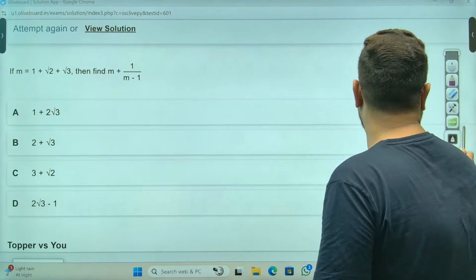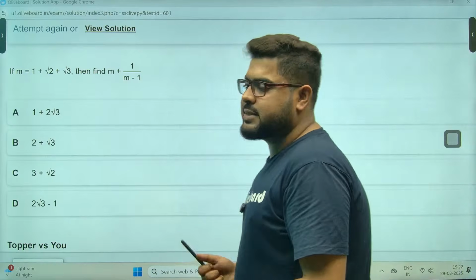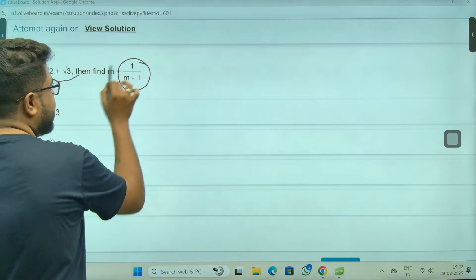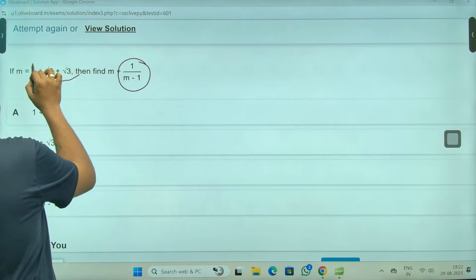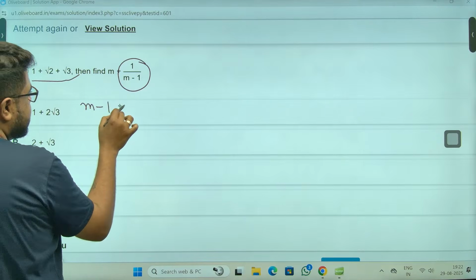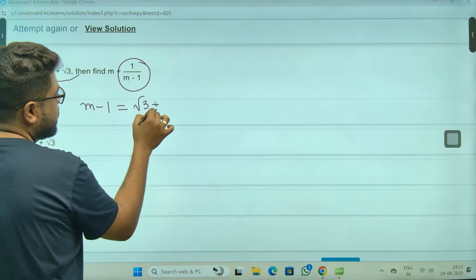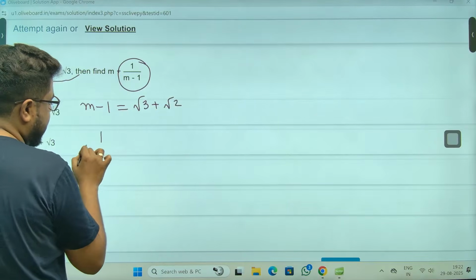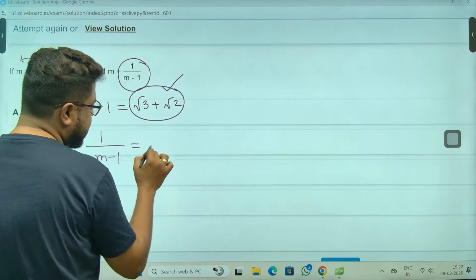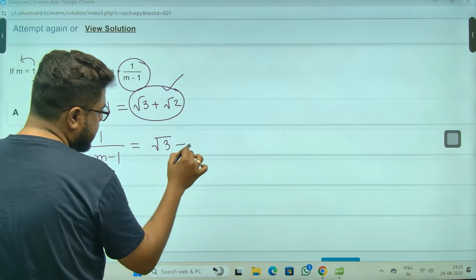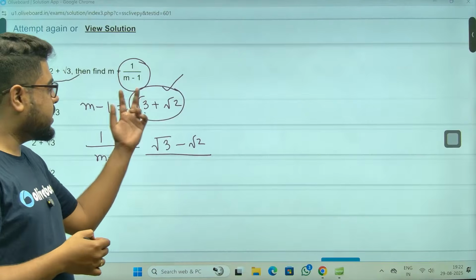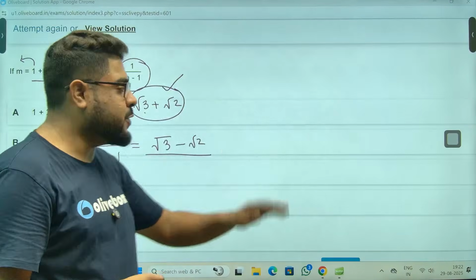Next one. M plus something is given. We know M perfectly, but the problem will be this. So no worries. If I take this 1 to this side, M minus 1 becomes root 3 plus root 2, and 1 by M minus 1. I told you, this will always be the reciprocal, by the difference between the squares of these. The difference of 3 and 2 is 1, so no need to write.